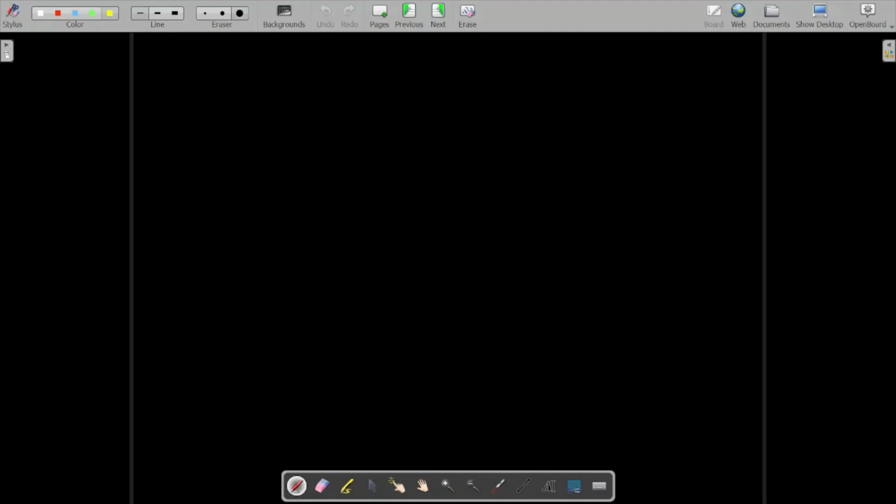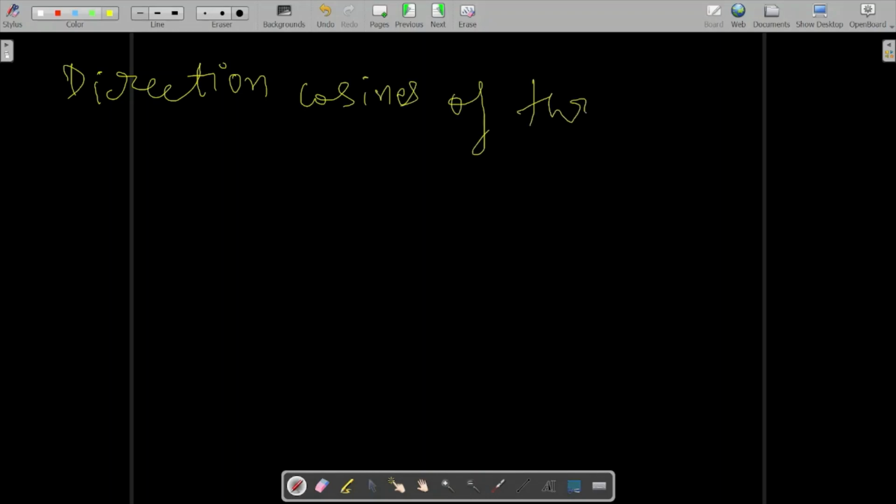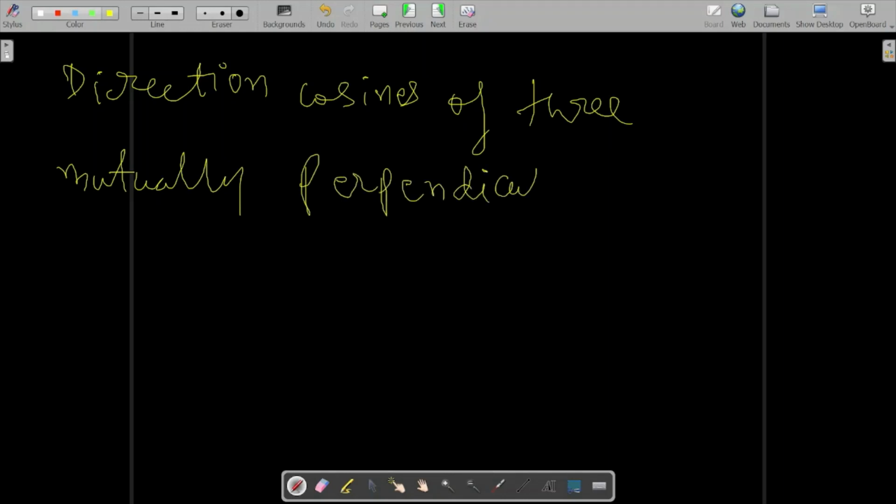You might not be knowing this right now, but you will learn later on: the direction cosines of three mutually perpendicular lines.